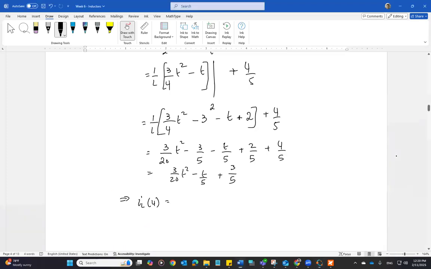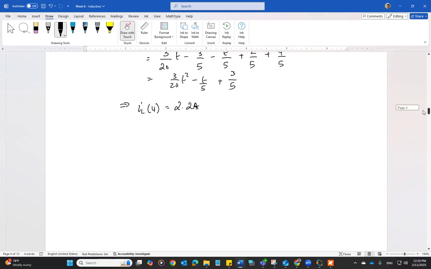So 2.2 ampere. All right, this initial value we're going to use in the next step.